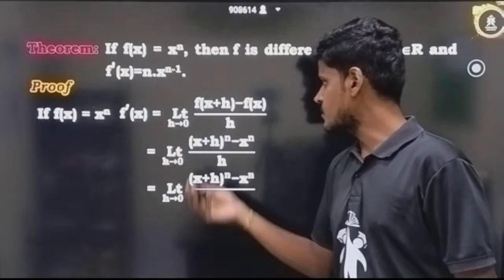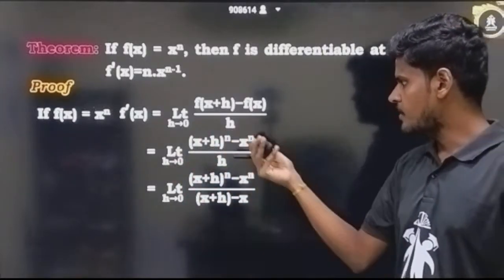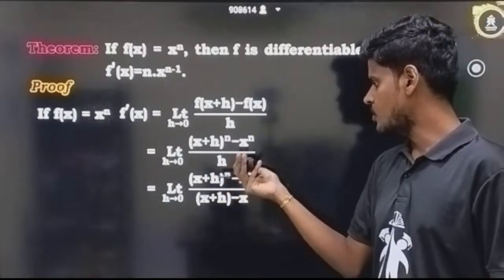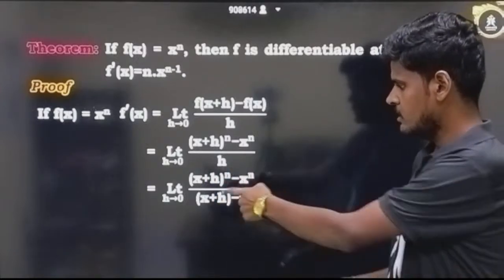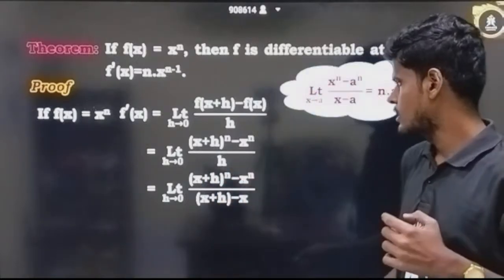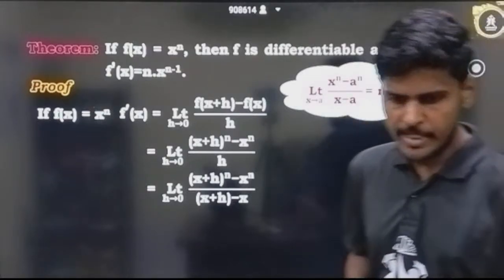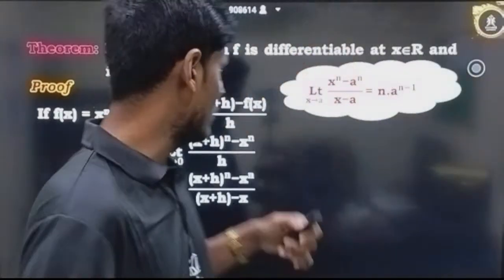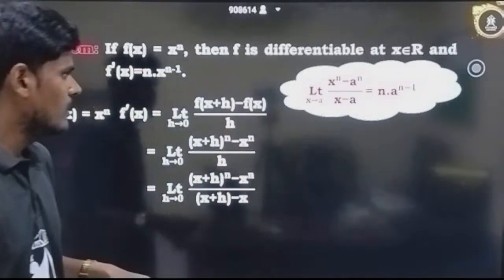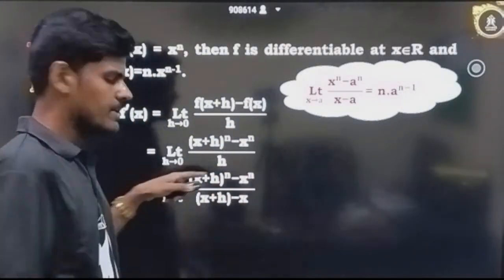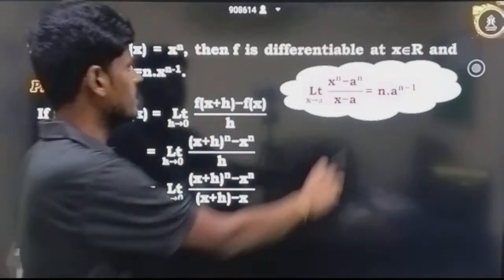That is the limit h tends to 0, x plus h whole power n minus x power n divided by h. We already know this limit is given by n into a power n minus 1. We already know how to calculate this limit. Also, if we expand this by the binomial theorem, we can find the value of this limit.